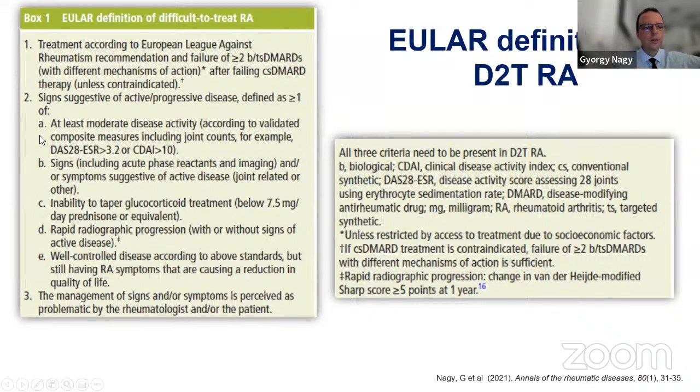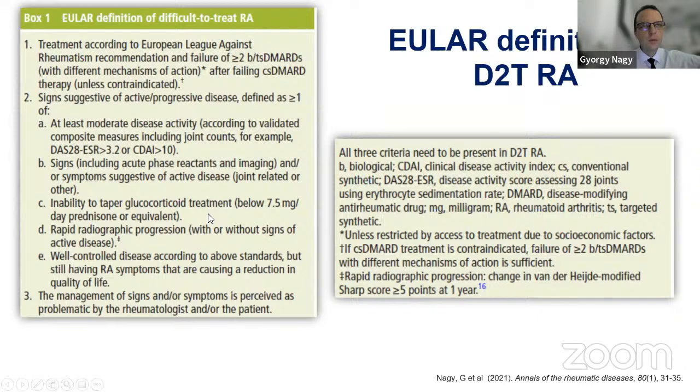The second part of the definition has 5 parts, and any of them would be enough to meet the definition of difficult to treat rheumatoid arthritis. First is at least moderate disease activity according to validated composite measures. These were discussed in the previous presentations. The B is signs and symptoms suggesting active disease, and I would like to refer again to the previous presentation and discussion: if a patient has interstitial lung disease or other extra-articular manifestation, that might be a significant problem as well and might suggest active ongoing inflammation, which we should somehow deal with.